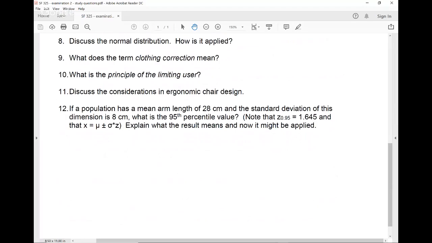If this is on the exam, I would like you to draw a normal distribution. It helps for me to know that you know what it looks like, as well as being able to describe it with words.